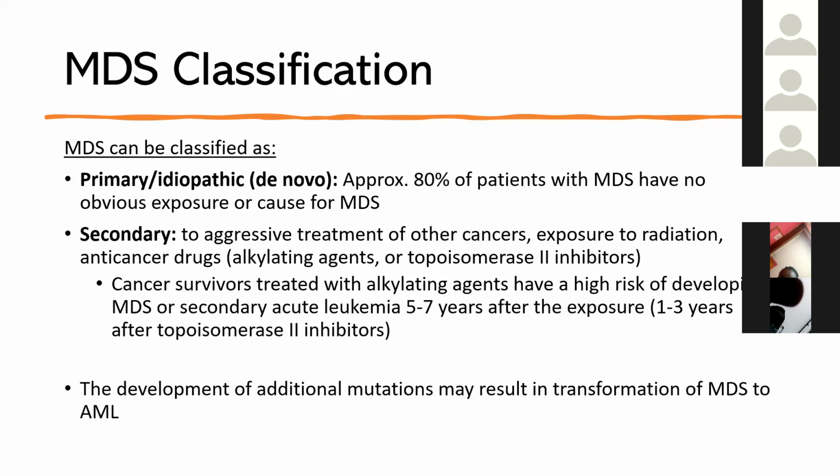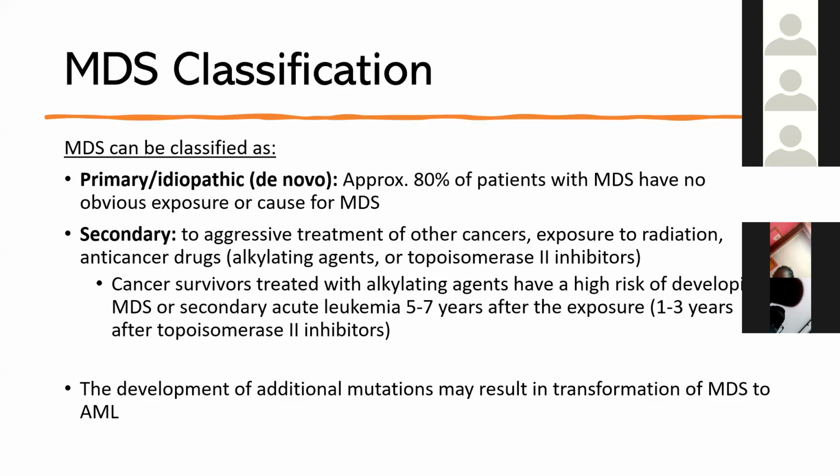And in these patients, we cannot identify any obvious exposure or cause for the MDS. So I mentioned in my previous slide that maybe viruses, chemicals, chemotherapy, etc. But in the primary type, you cannot identify. This is a person who has no obvious predisposition, comes with MDS.